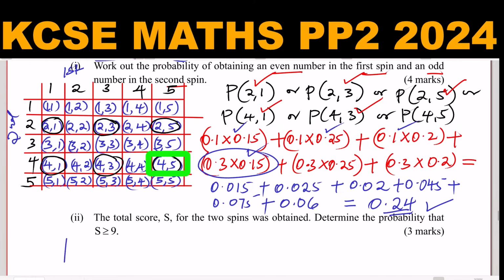The first one is 4,5. You can see that one is giving a score of 4 in the first spin and 5 in the second spin. That is 4 plus 5, that is 9.